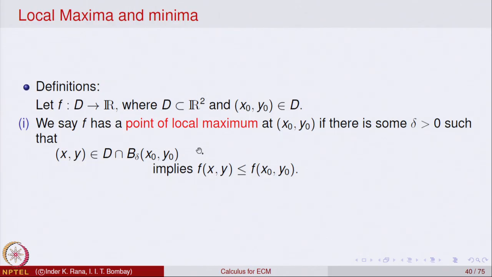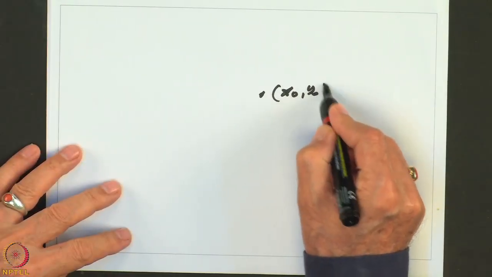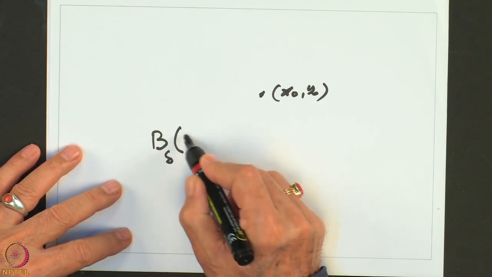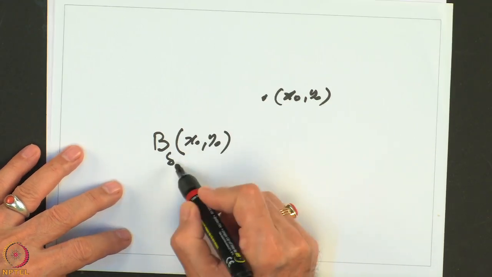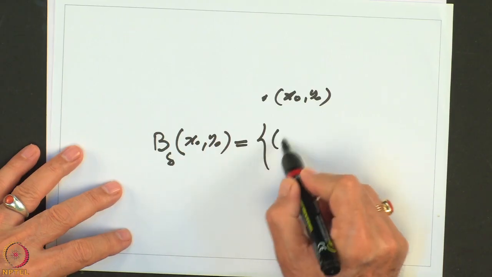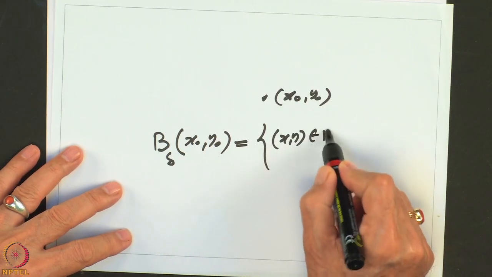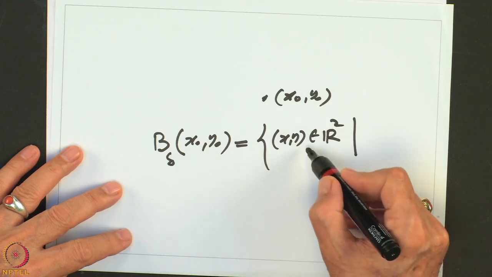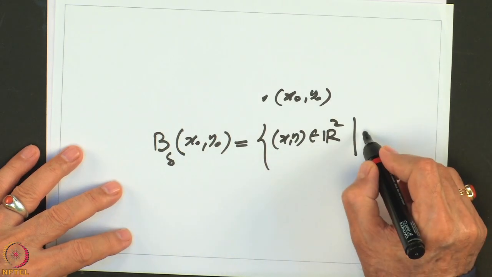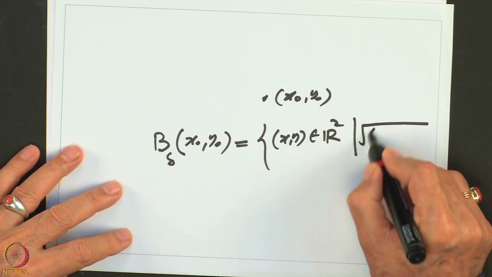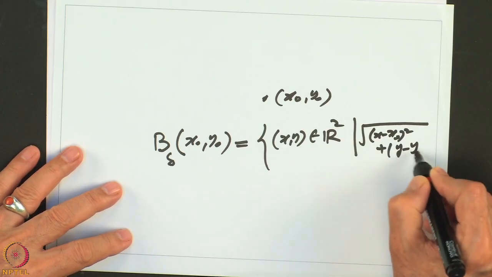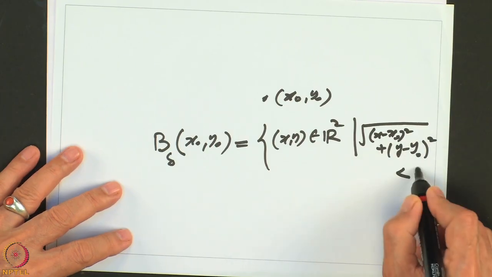In the plane, if I take a point (x0, y0), what is the ball centered at (x0, y0) of radius delta? This is a set of all points (x, y) belonging to R2 such that the distance between (x0, y0) and (x, y) is less than delta. So, what is the distance? The distance is the square root of (x minus x0) squared plus (y minus y0) squared, and this is less than delta.